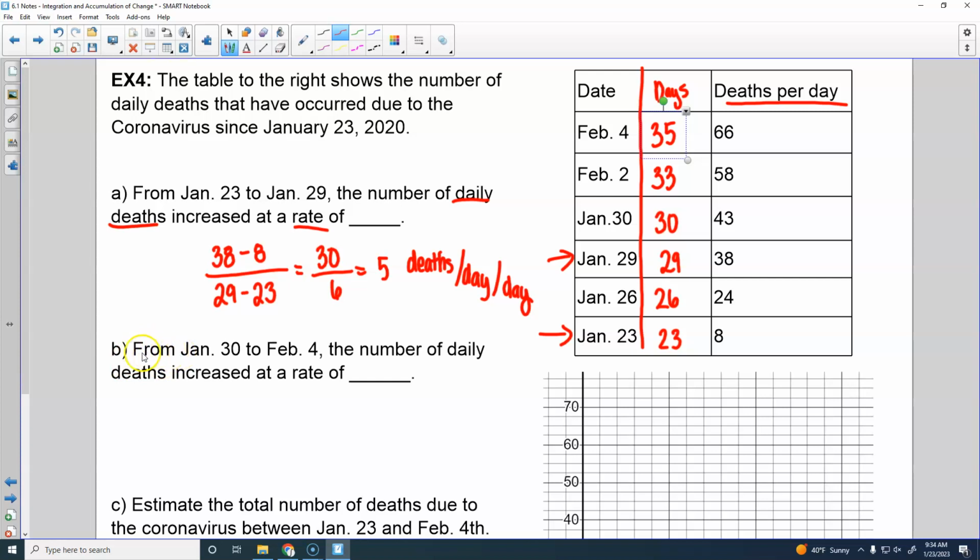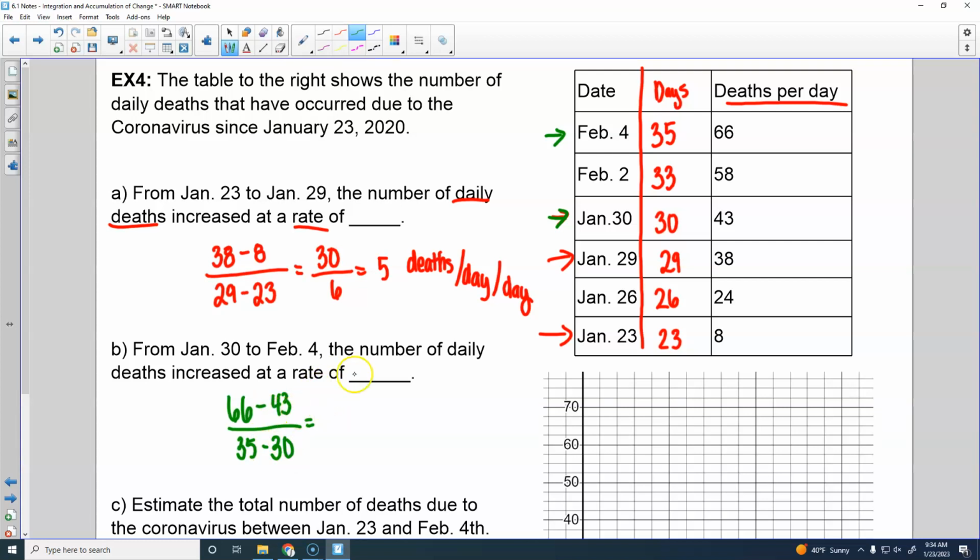From January 30th to February 4th, the number of daily deaths increased at a rate of. So from the 30th to the 4th, if we're looking at that rate, we've got 35, I'm sorry, those are my X's, 66 minus 43 over 35 minus 30.